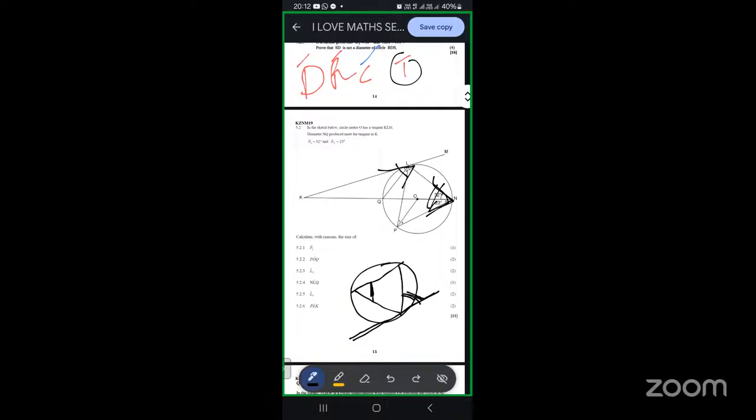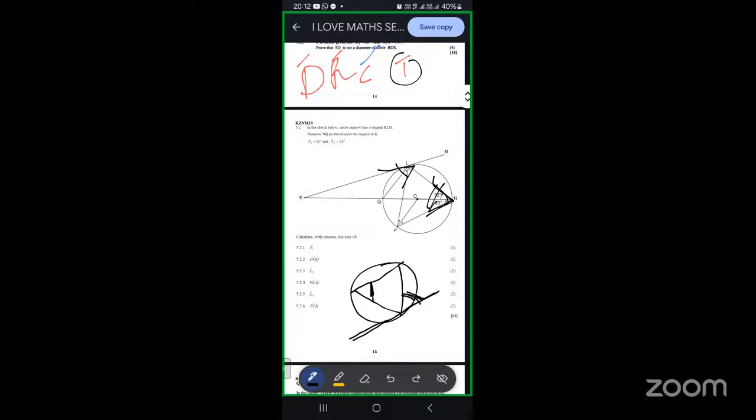My reason being tan chord theorem. I'm not sure which theorem this is, but there exists this theorem. You get it? Yes, sir.